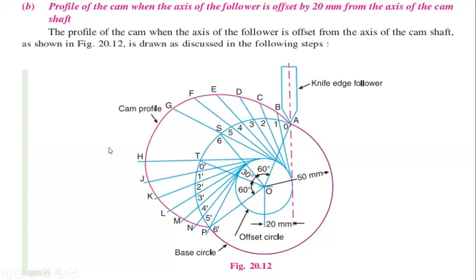Then we have to take the dwell period, which is the 30 degrees position from the camshaft circle, and the remaining procedure is same.